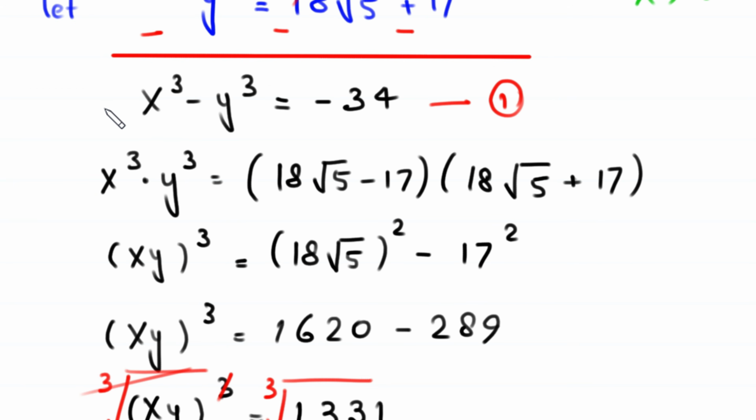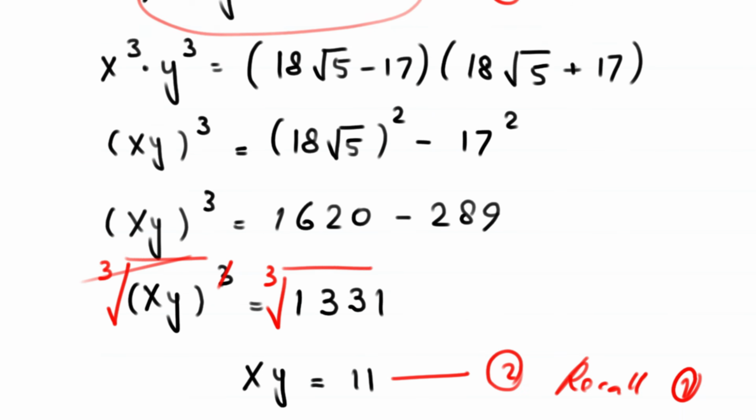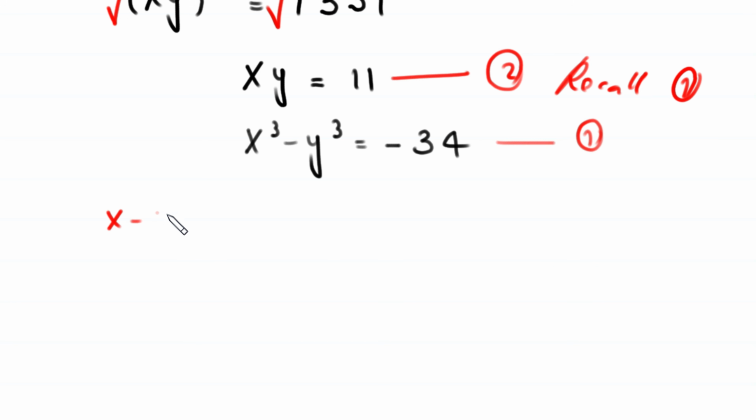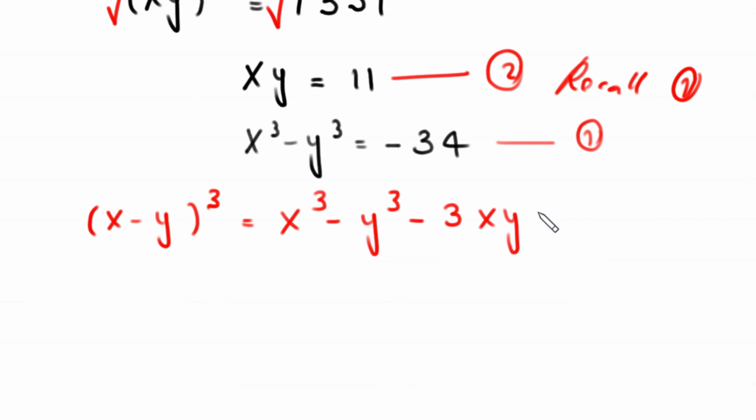We recall equation number 1: x cubed minus y cubed equal to negative 34. Now we use this algebraic identity: x minus y whole cubed equal to x cubed minus y cubed minus 3 times xy times x minus y.